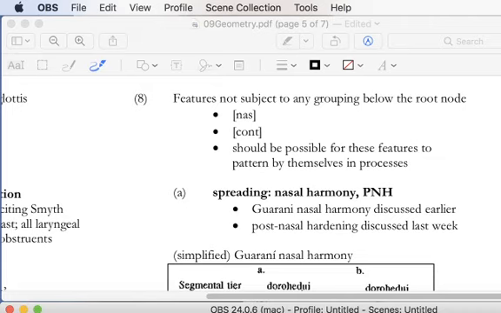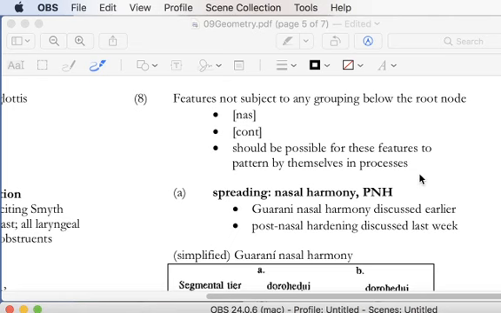The ones that McCarthy mentions here are nasal and continuant. The idea here is that these features can pattern by themselves in processes. They don't need to take everything else with them because they're not in the root node, and they don't tend to take companion features with them because they're not in any other major grouping of features.